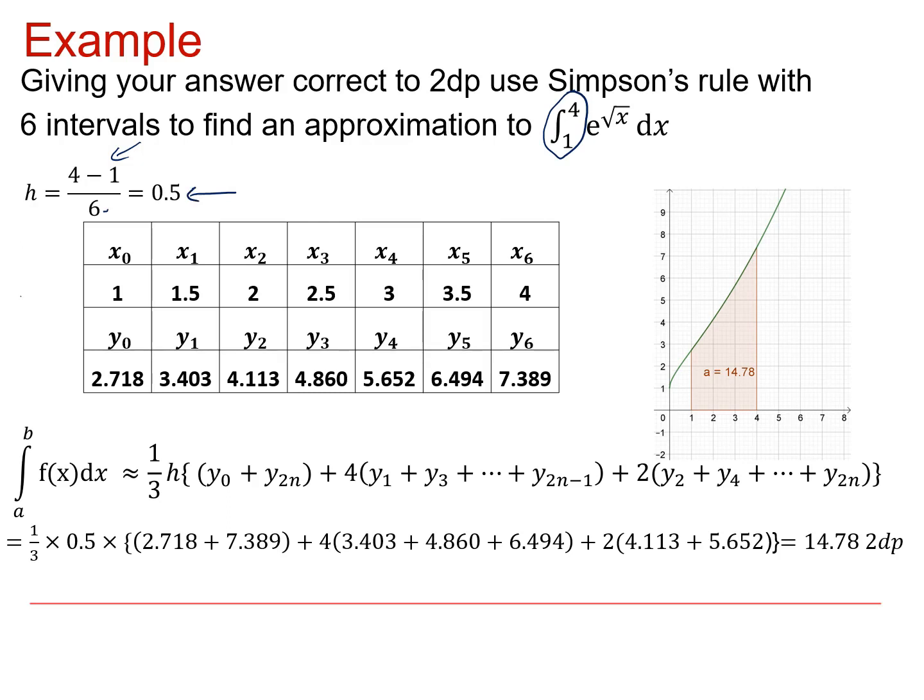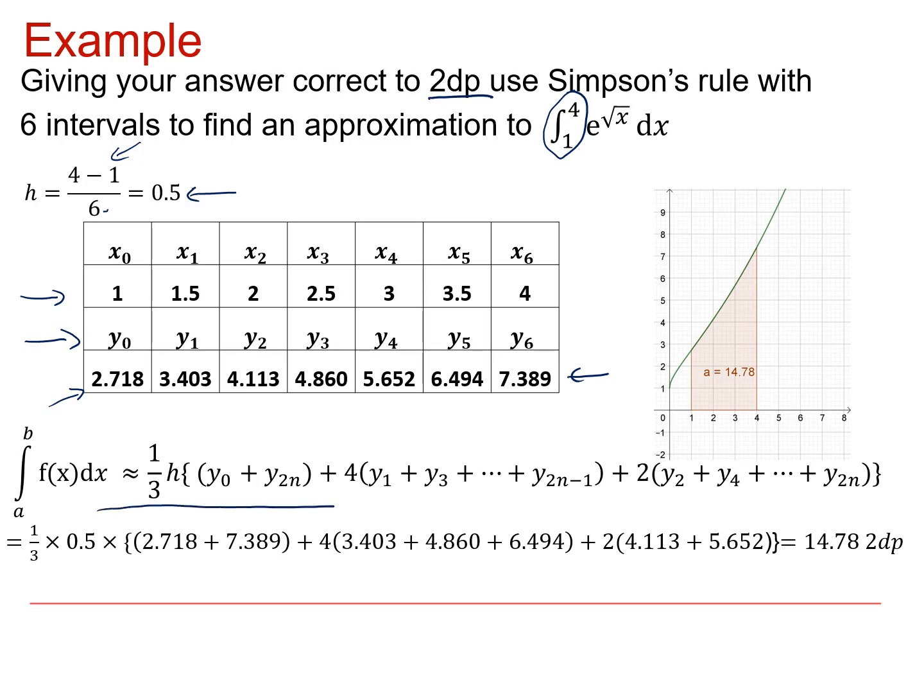So I've then generated all the x values I need to then use the function y equals e to the root of x to generate my y values, and I've recorded them to an accuracy of 3 decimal places to make sure I don't lose accuracy, because I need to do it to 2 decimal places.